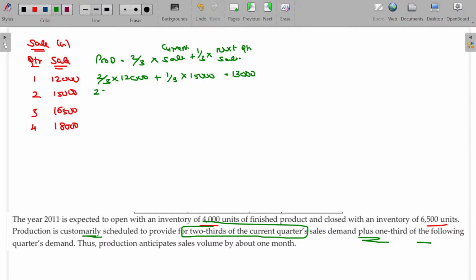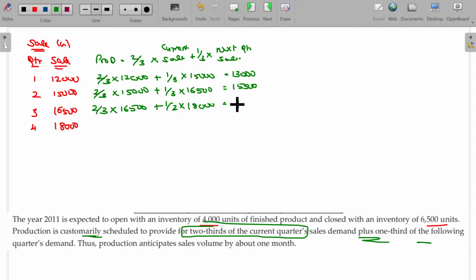Here 2/3 of the current quarter, 10,000, plus 1/3 of the next quarter, 16,500. So 10,000 plus 5,500, 15,500. And 2/3 of the current quarter, 16,500, plus 1/3 of the next quarter, 18,000.